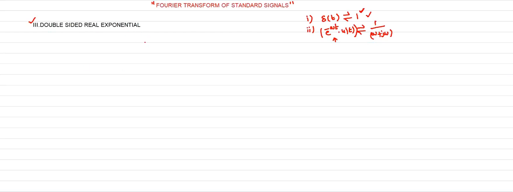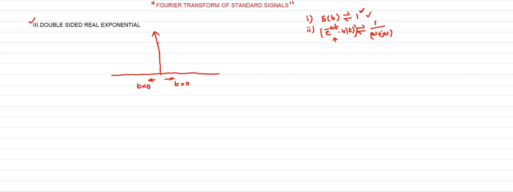First I will represent this signal so that you can easily understand the double-sided real exponential signal. It is represented like this. This is the t greater than 0 region, and this is the t less than 0 region.